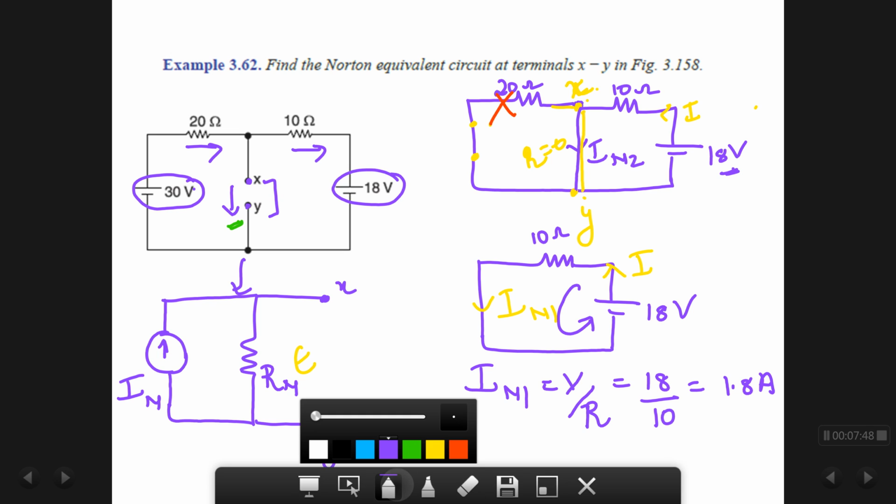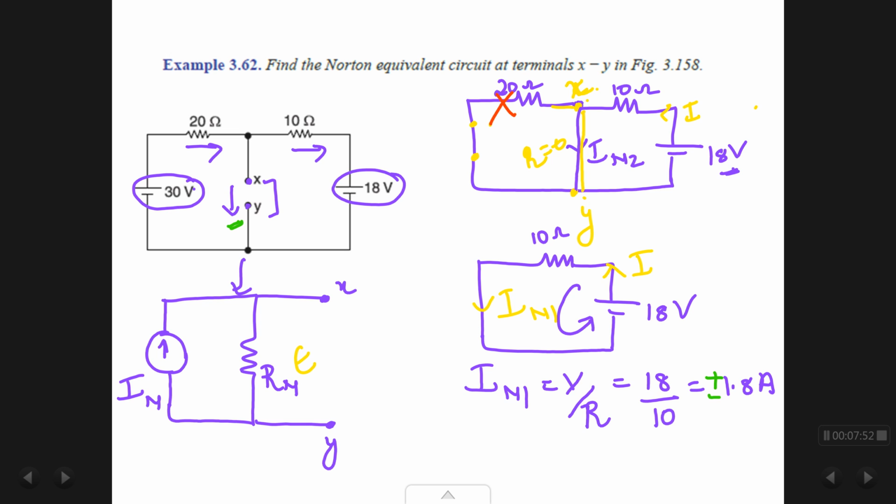Now, this current has to be assigned a sign, either plus or minus. Now how to assign that sign? To assign that sign, this direction, which is currently downwards across the terminals X and Y, has to be compared with the assumed direction across my original circuit, that is across this X and Y. In both the cases, the current is downwards.